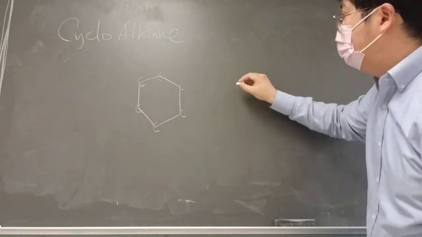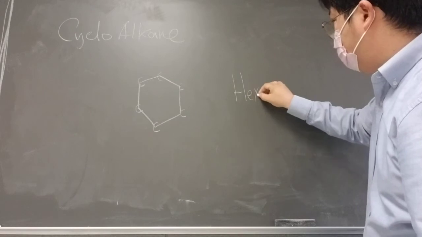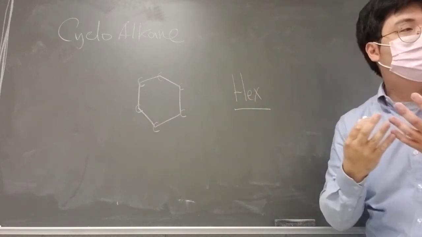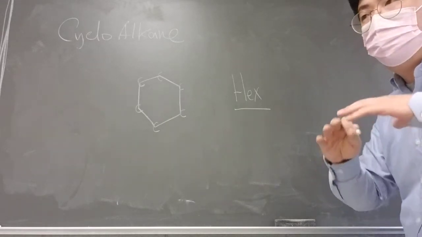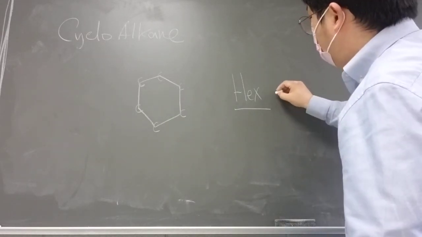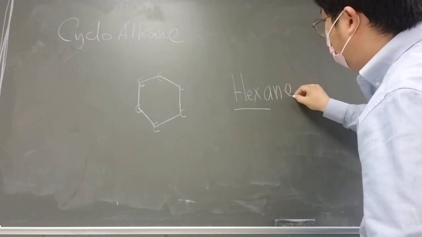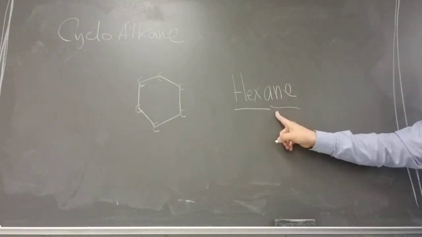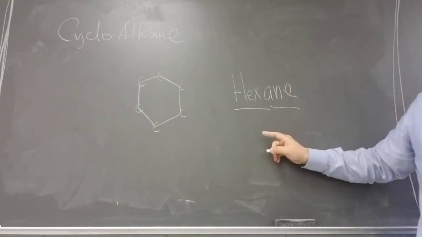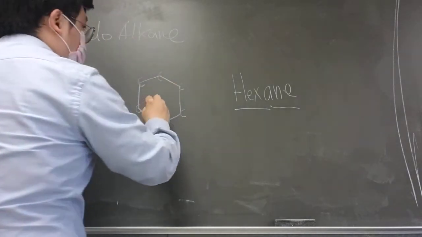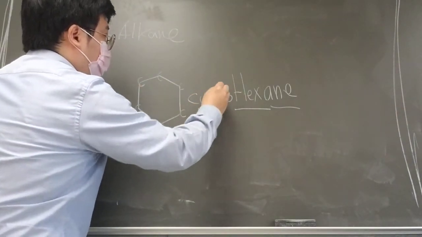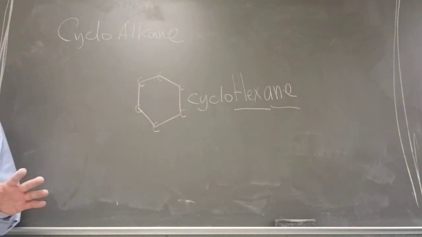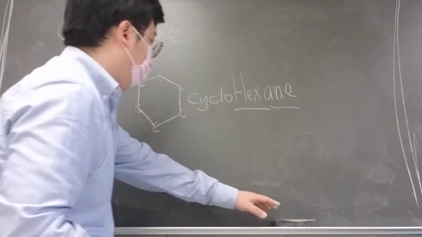This is obviously hex, which means your base has 6 carbons in the main structure. There's no double bond, so we're going to put ane at the end too. But it's in a ring structure, so we're just going to put cyclohexane. That's all you need to do for this one.